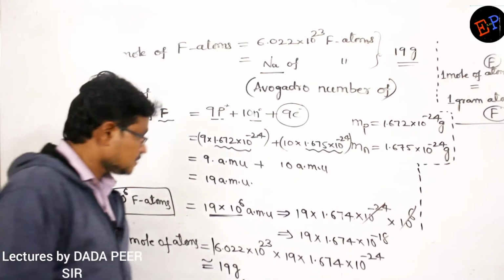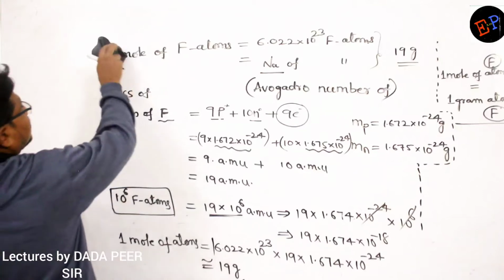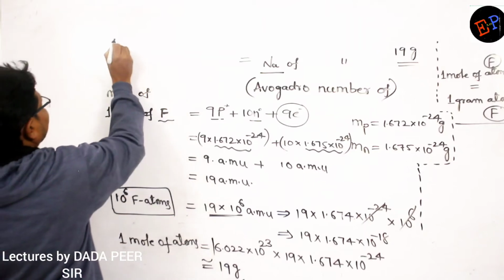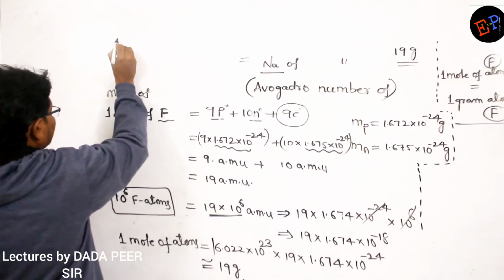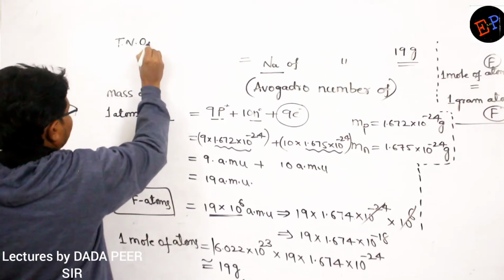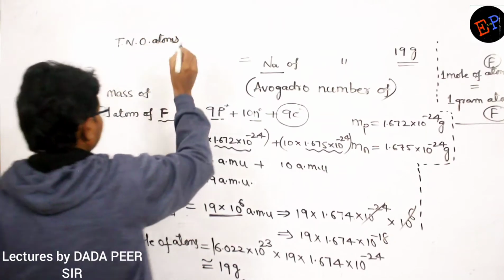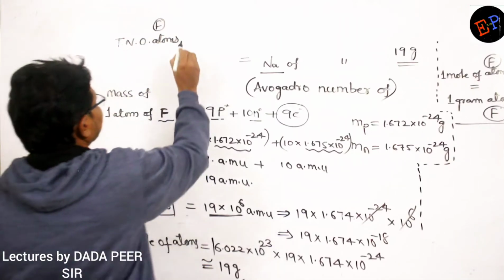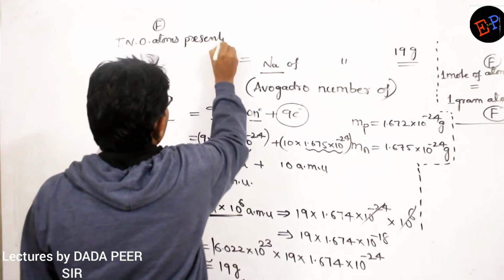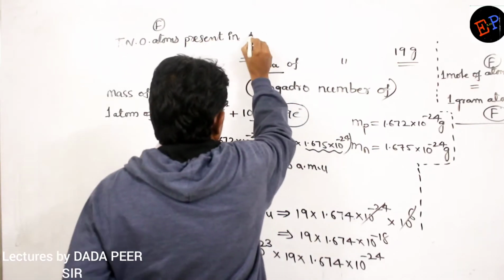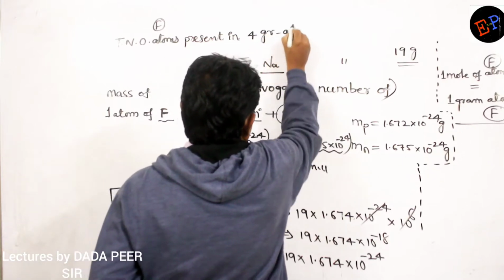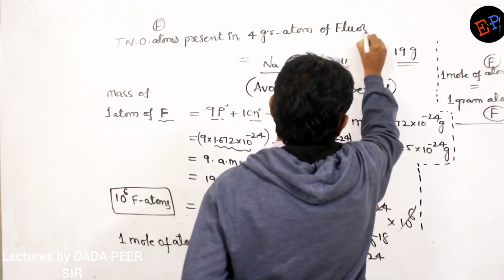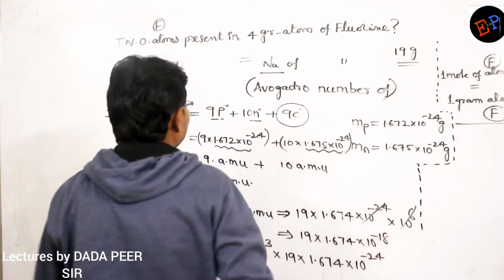Calculate the total number of fluorine atoms present in 4 gram atoms of fluorine.